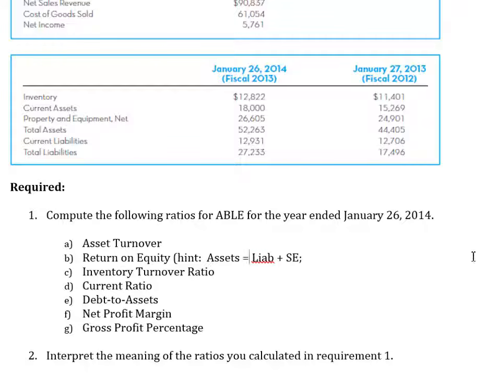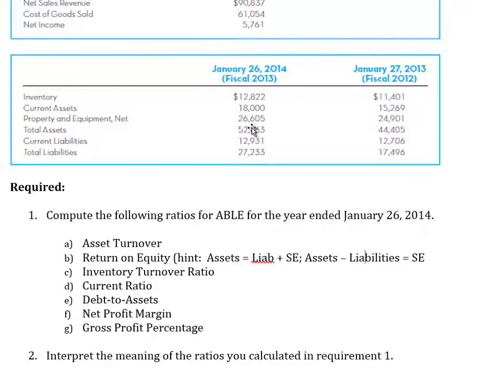Assets equals liabilities plus shareholders' equity. So doesn't that mean the same as assets less liabilities equals shareholders' equity? And guess what? I do have my total liabilities right here, and I do have my total assets right here. So to find my shareholders' equity, I need to take my total assets minus total liabilities.